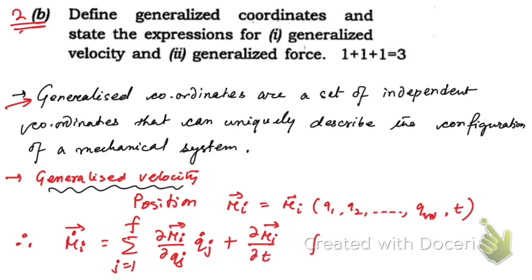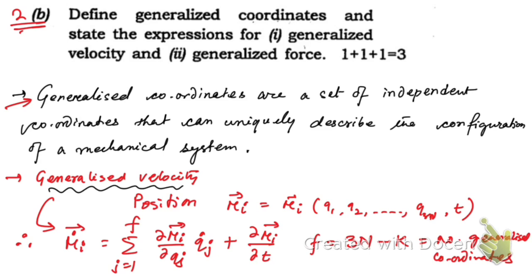Here f is the number of generalized coordinates. If there are n particles and k constraints, then this is the number of generalized coordinates. So this is the expression for generalized velocity, right?